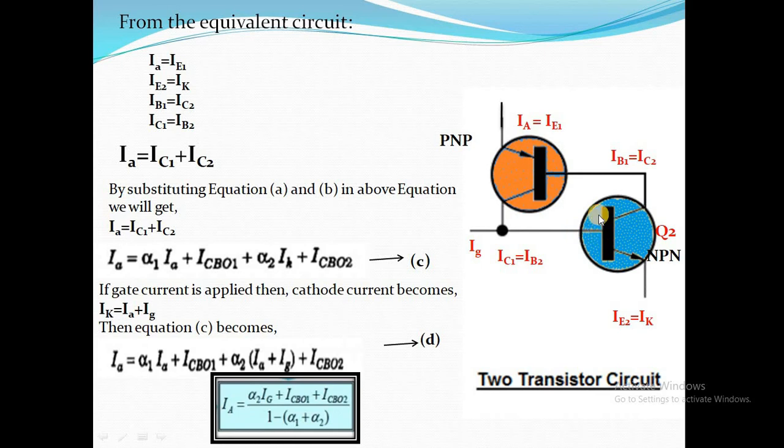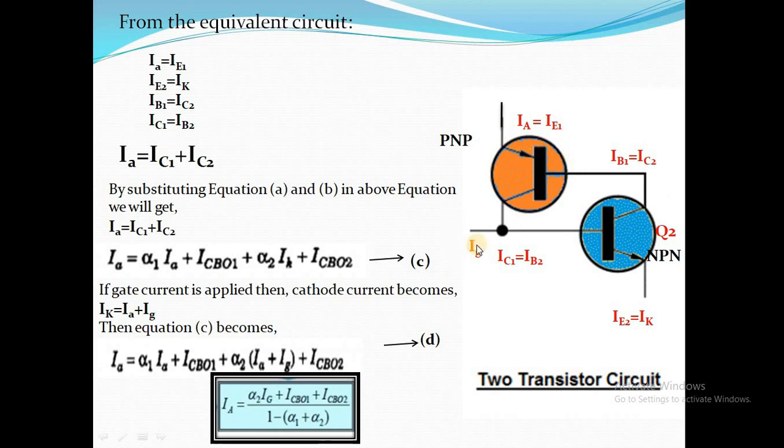So if the base current is 0, then this transistor Q2 will remain in an off condition. Then there is no flow of current. So if current is not flowing through Q2, that is, if IC2 is not flowing, then Q1 base is not getting any current. So here this base current is 0, then Q1 also remains in an off state.